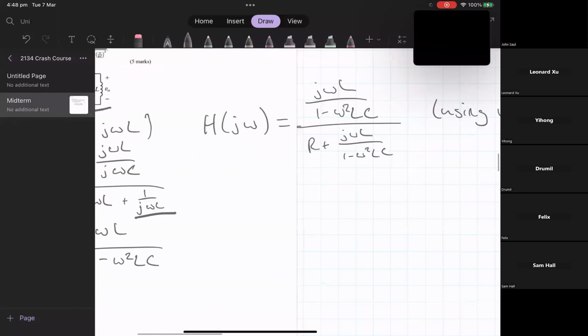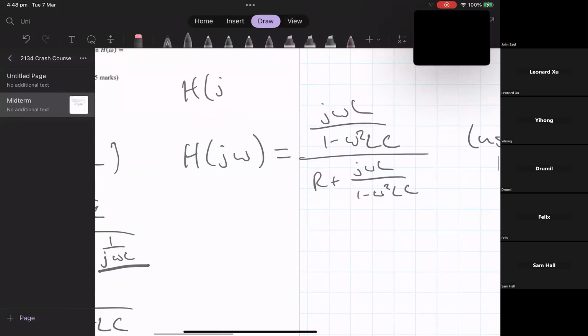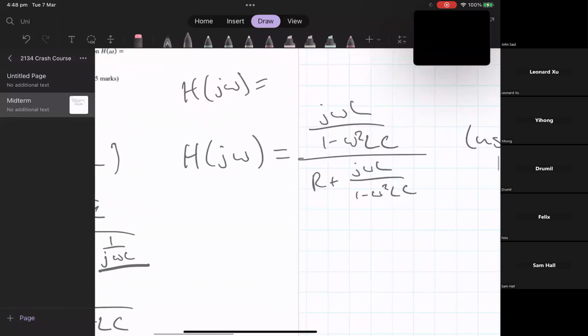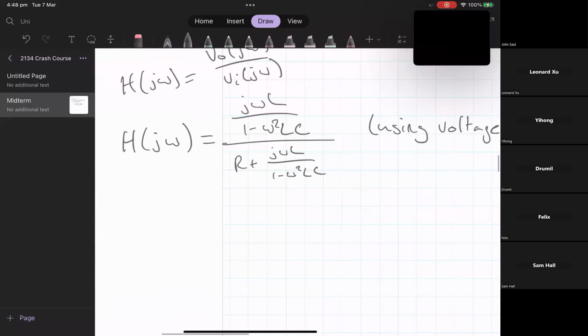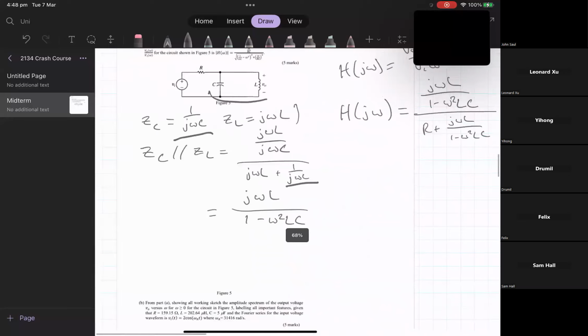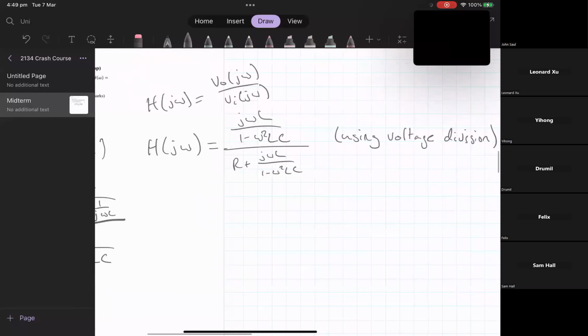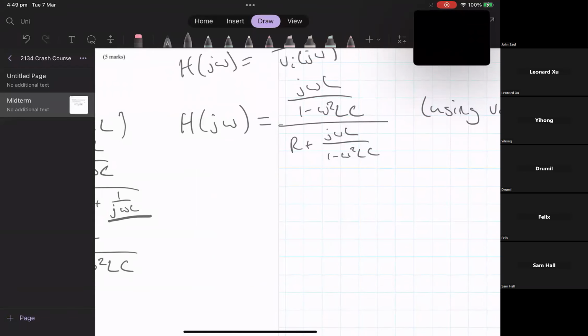And this step is, I should clarify that h of j omega equals, and then we can use voltage division. So we have our parallel combination that we worked out here, and then we have the resistance and then adding the parallel combination in the bottom. That's voltage division.